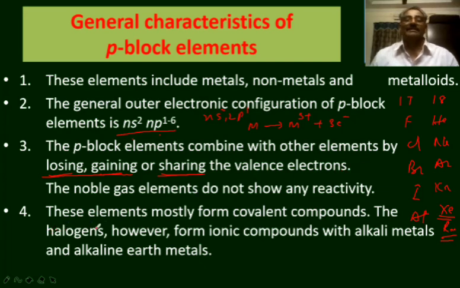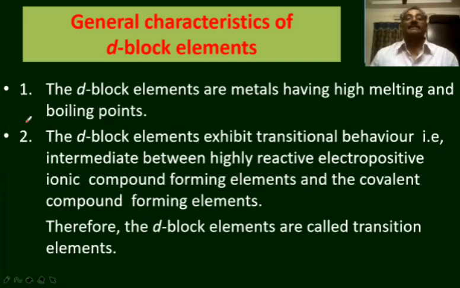Next, these elements mostly form covalent compounds. The halogens, however, form ionic compounds with alkali metals and alkaline earth metals. We already discussed this in the third point. Next, general characteristic properties of d block elements. You know that the d block elements are placed in the periodic table in between the s block elements and p block elements.